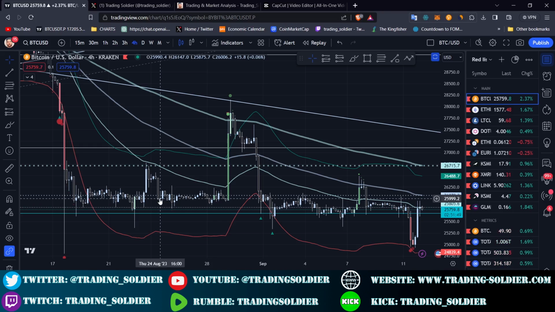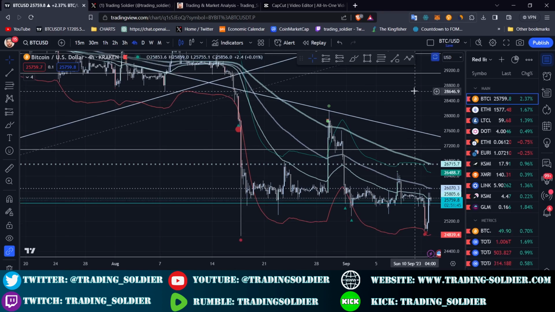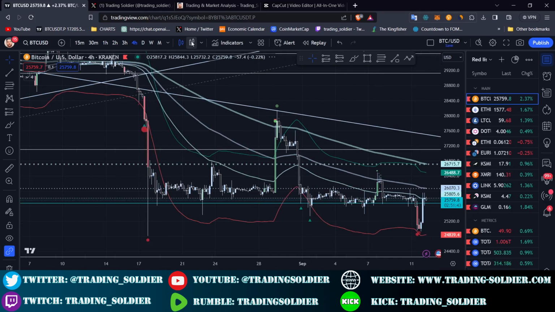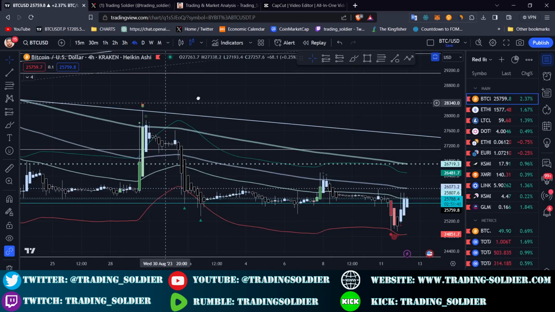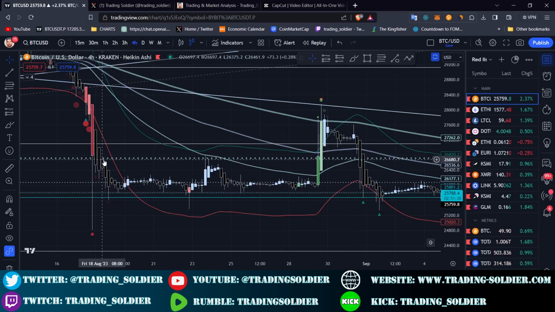But if we change the chart into Heikin Ashi candles, my bearish candles are black and my bullish candles are blue or light blue, okay?